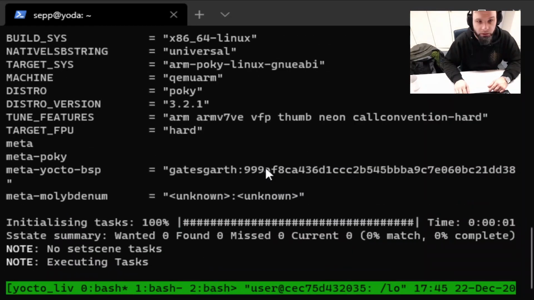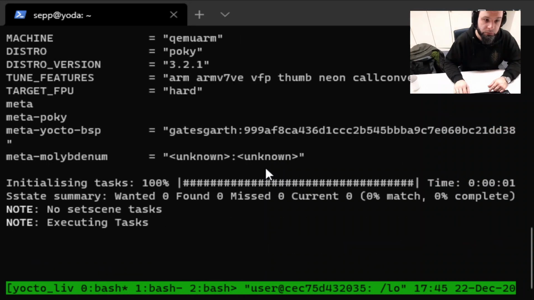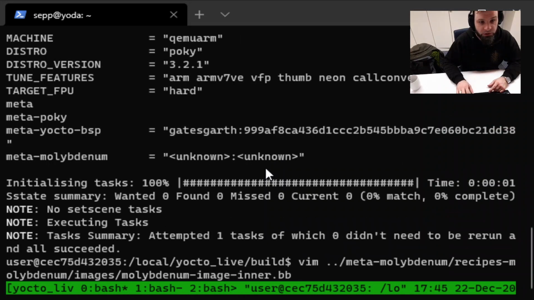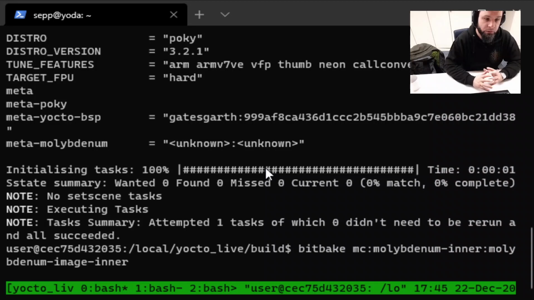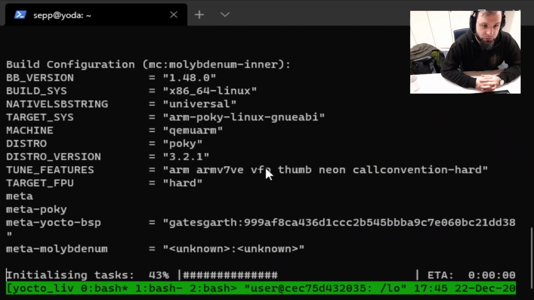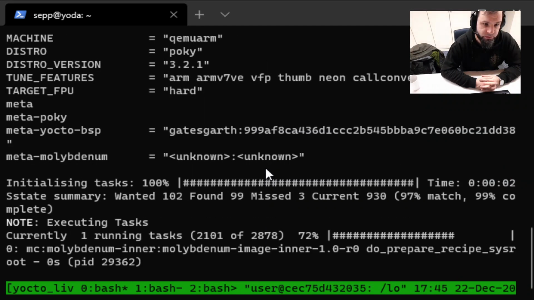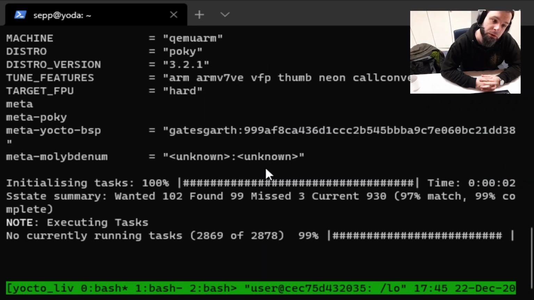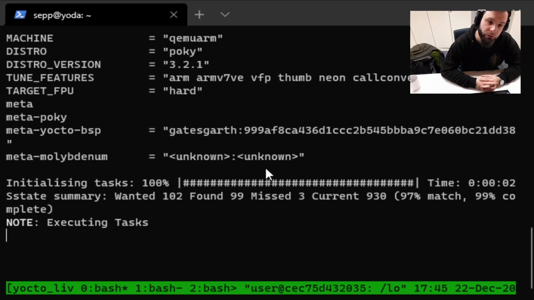Then rebuild it again, and then make up my mind if I should file a bug or just run off for Christmas. Then something is going on here.